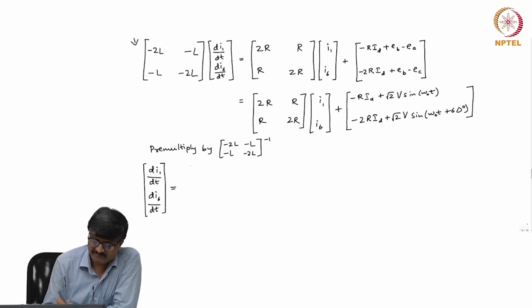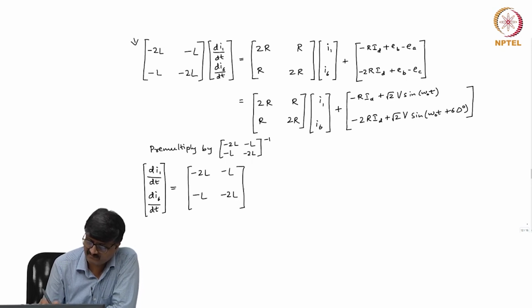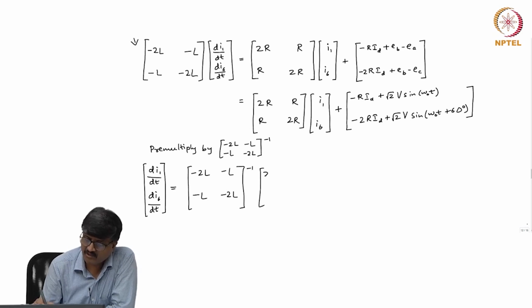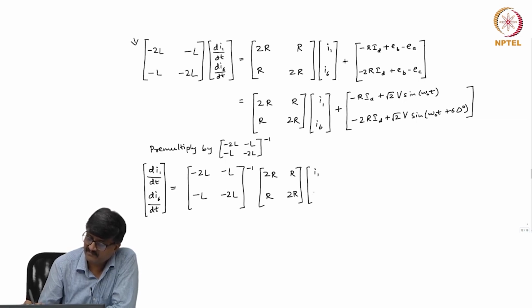This is equal to the inverse of the matrix minus 2L, minus L, minus L, minus 2L, times the matrix 2R, R, R, 2R, into I1, I6; that is the first term.